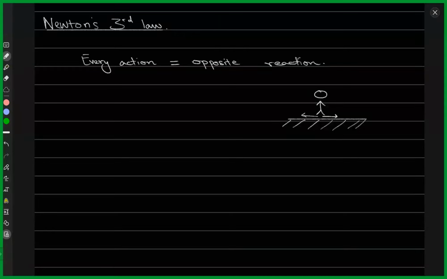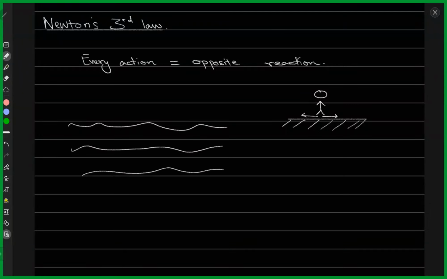This is an example of a ground and a person. I'll give you another example that might be more clear. Suppose this is a swimming pool, and there is a swimmer in it. Completely ignore my drawing. The swimmer is going to push against the water, and then you would expect him to move forward, right?